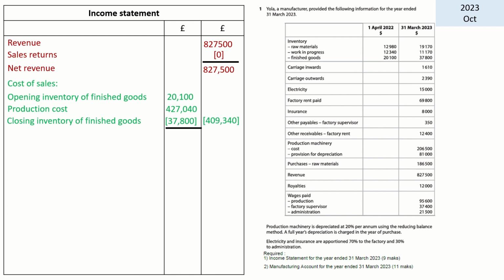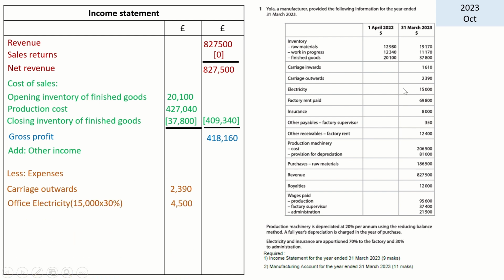Now from net revenue, deduct cost of sales 409,340 in order to find the gross profit, which should be 418,160. If there are any other income you add it up; in this question you don't have any. Less expenses: carriage outwards 2,390.